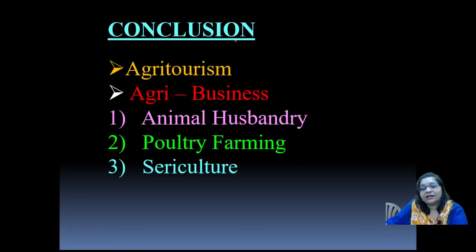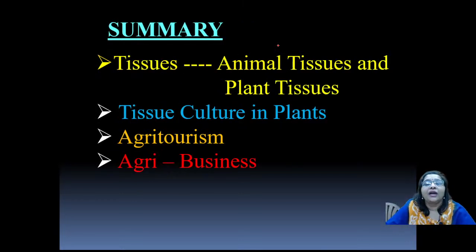That is it. Let us conclude this session, in which we have learnt about agritourism and agribusiness. Under agribusiness, we talked in brief about animal husbandry, poultry farming, and sericulture. Let us look at what we have learned in lesson number 17, Introduction to Biotechnology.